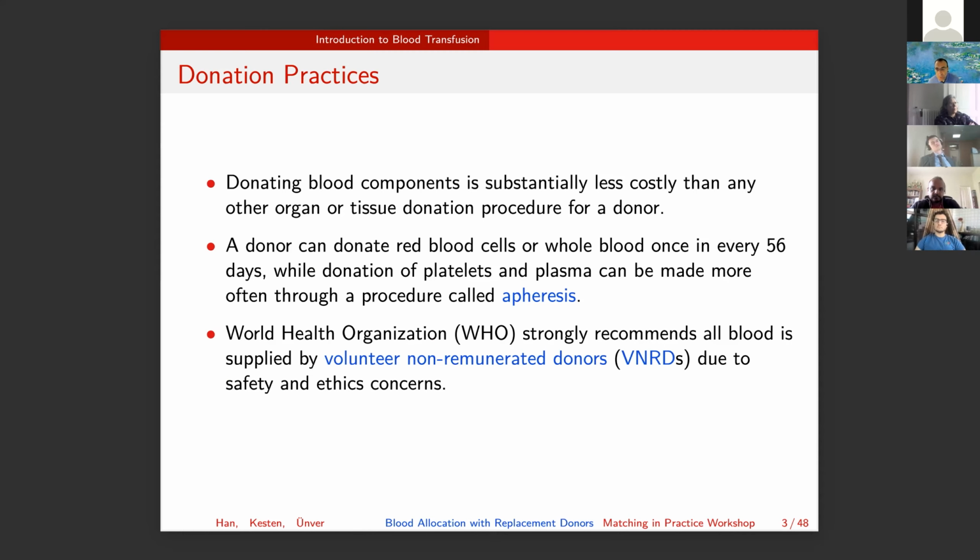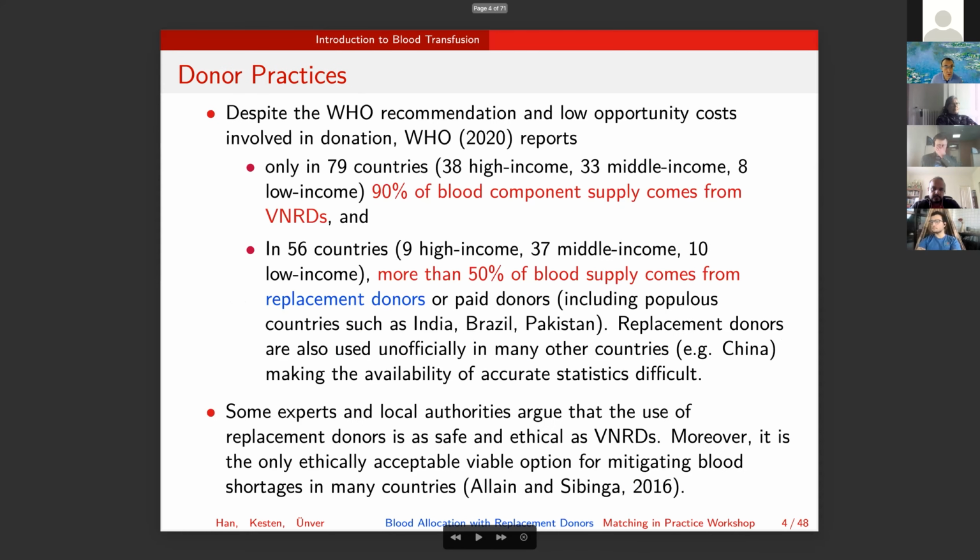WHO strongly recommends that all blood is supplied by volunteer, non-remunerated donors. Despite this recommendation and the low opportunity costs involved in donation, WHO reports that only in 79 countries, which are 38 high income, 33 middle income, and 8 low income, 90% of blood component supply comes from VNRDs.